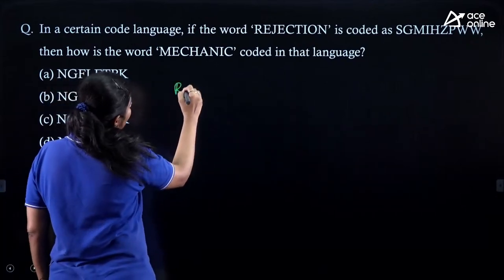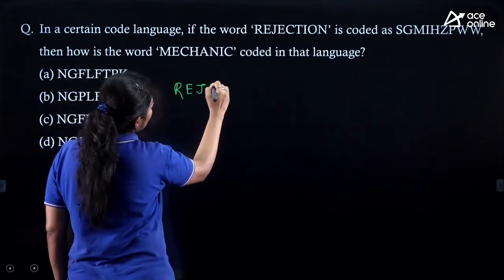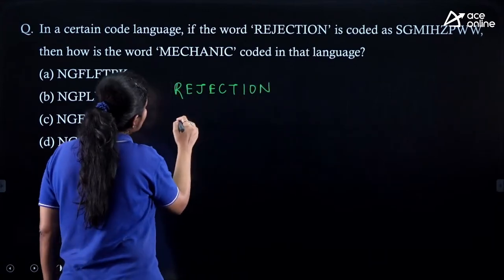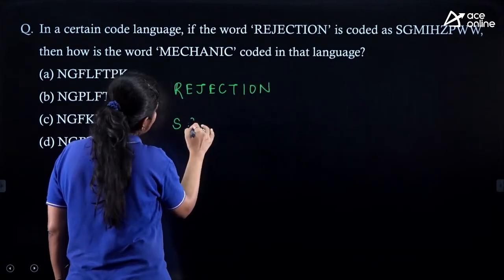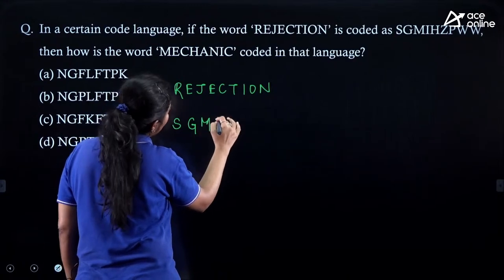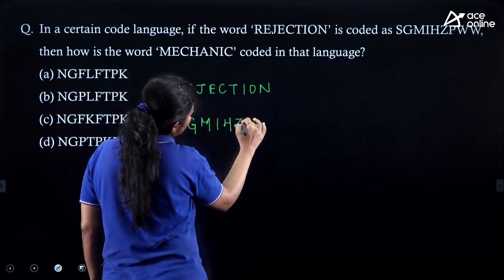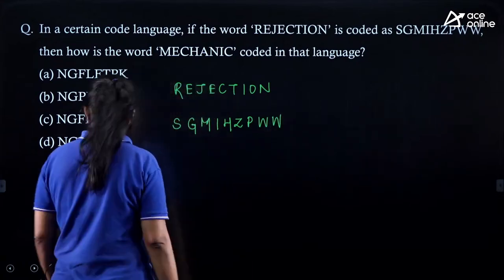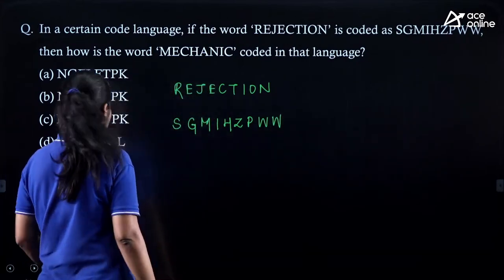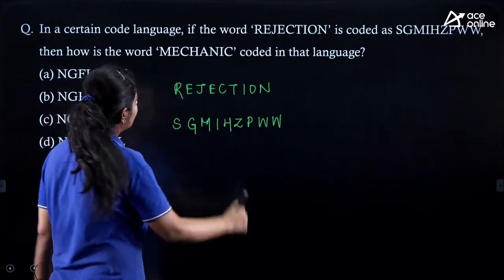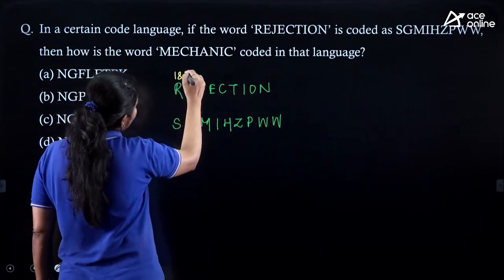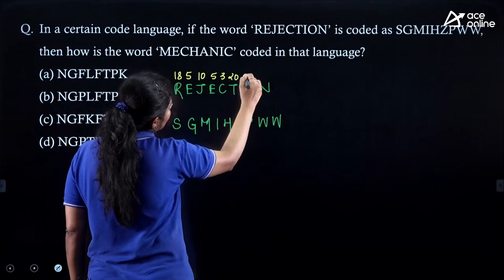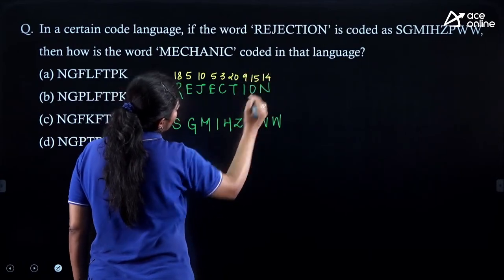So here we are having a word rejection, and it is coded as S G M I H Z P W W. Now we have to write down the associated numbers: 18, 5, 10, 5, 3, 20, 9, 15 and 14, right.